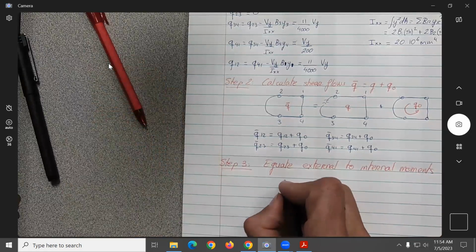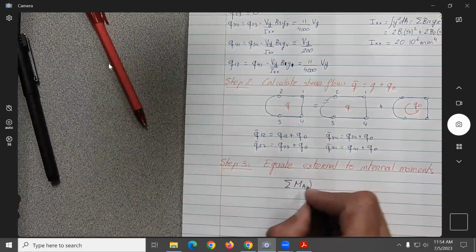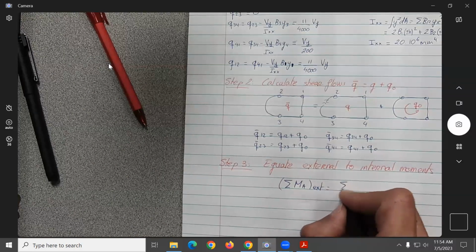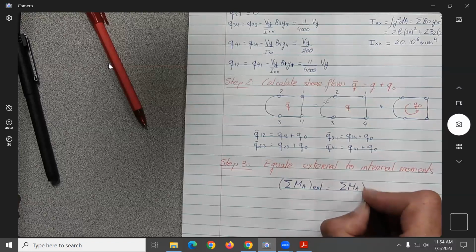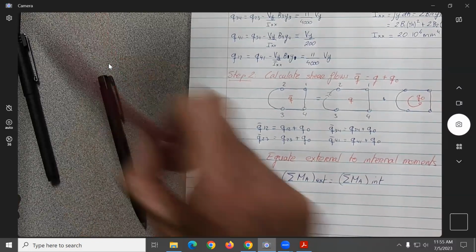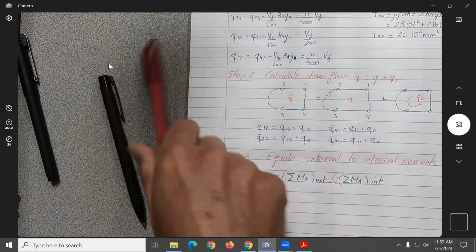So basically we say that, let's say we do point A, external will be equal to the summation of point A internal. So you see, I'm always about procedure, okay? Always try to follow the same procedure.